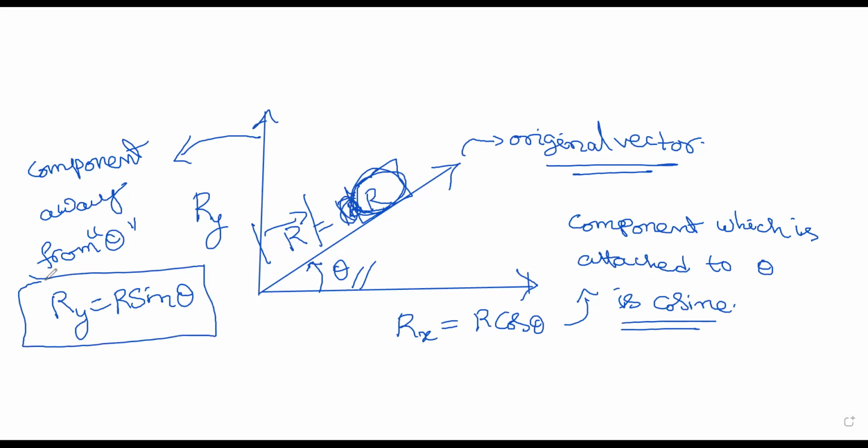So let us understand this like this. So I'll clear this, and another situation, let us start. So another situation is like this. This is how my vector is now. And now in situation 2, they want us to resolve this into two components.